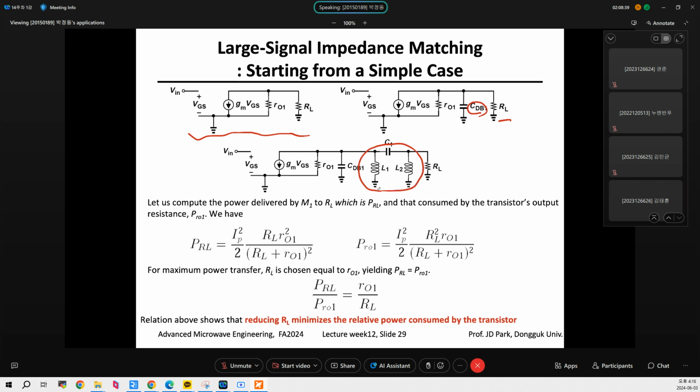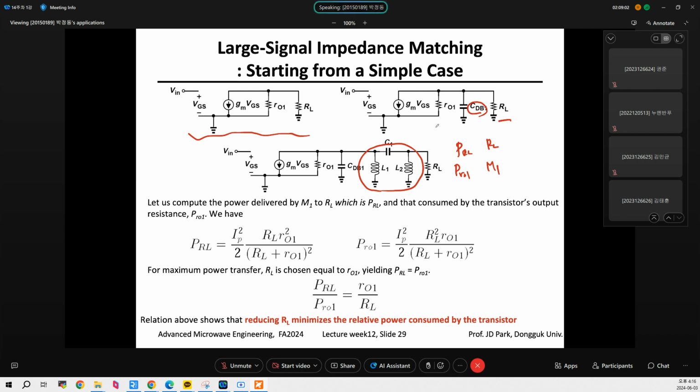So here PRL is defined as the power delivered to the load, and PRO1 is the power consumed by M1. So it's very straightforward, right?